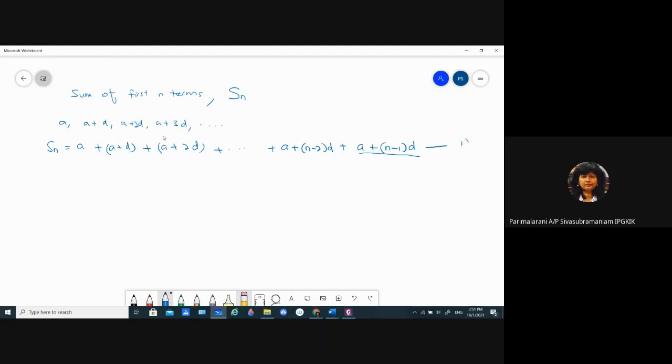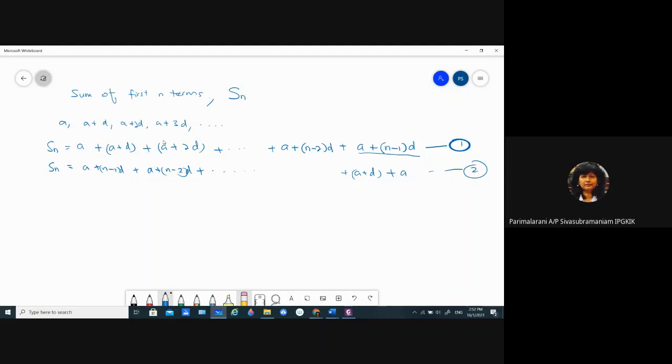So this is our first equation. Now we rewrite this equation, bringing the back to the front. So we have A plus (n minus 1)D plus A plus (n minus 2)D plus, until we have A plus D plus A. This is the same thing; we have just reversed it.